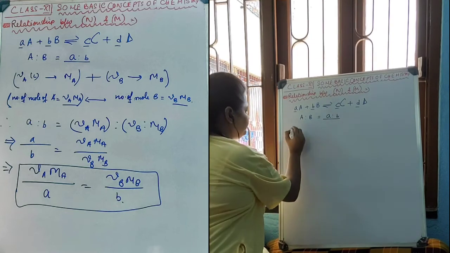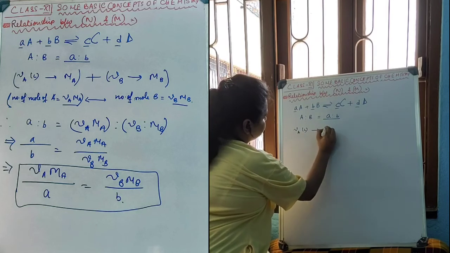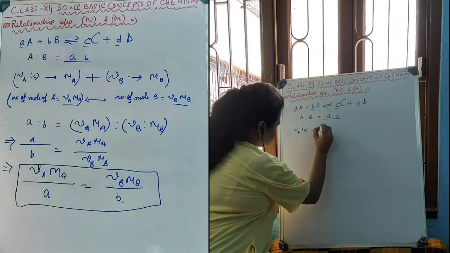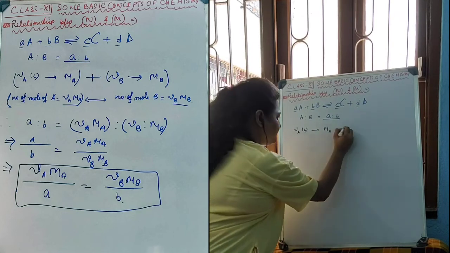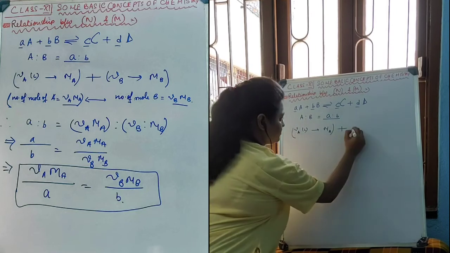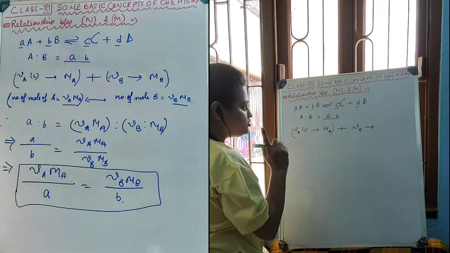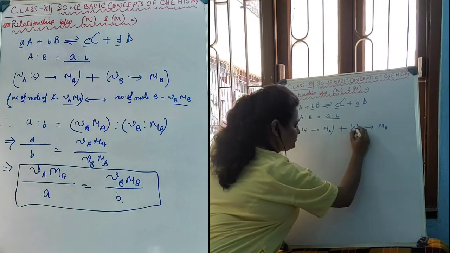Now let's assume VA liter volume of A, which is a solution with molarity MA, is reacting with VB volume of solution B with molarity MB.